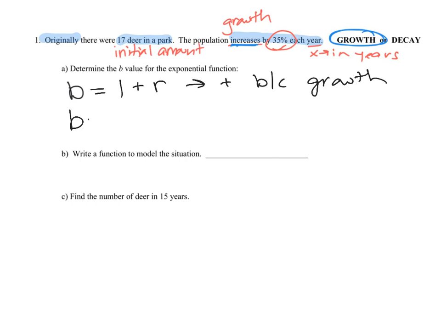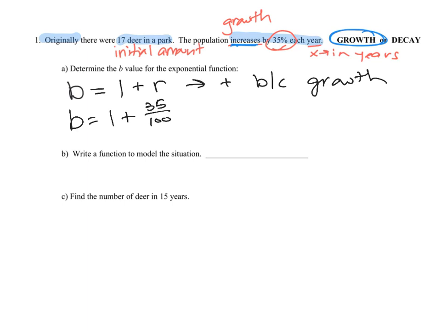And so my B value is equal to 1 plus 35 over 100. Remember, a percent needs to be converted to a decimal in order to use it in this problem. If I just did 1 plus 35, that would be 36. And if my B value were 36, that means I'm taking 17 and multiplying that by 36 every year. That would be way too high, okay?